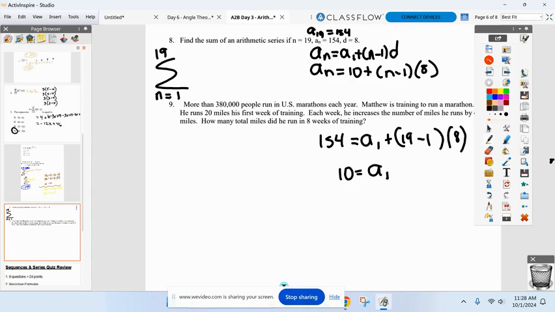And that's what's going to go to the right of that symbol. Eight n plus 2 or 2 plus 8n.